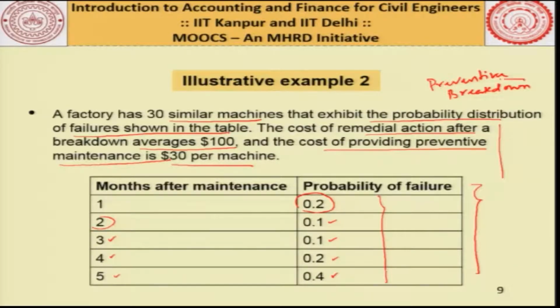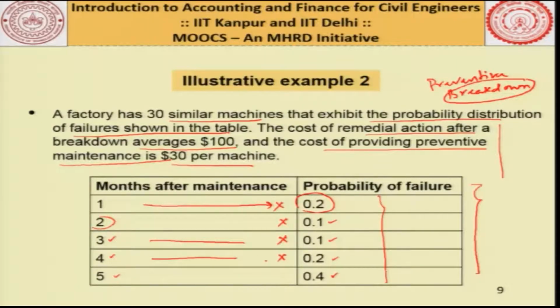Suppose I go for breakdown maintenance, then what is the frequency on an average of the breakdown for this equipment? That I can calculate again based on the concept of expected value. So, 1 month after maintenance, probability is 0.2, so 1 into 0.2, 2 months after maintenance probability is 0.1, so 2 into 0.1. 3 months after this probability is 0.1, so 3 into 0.1.